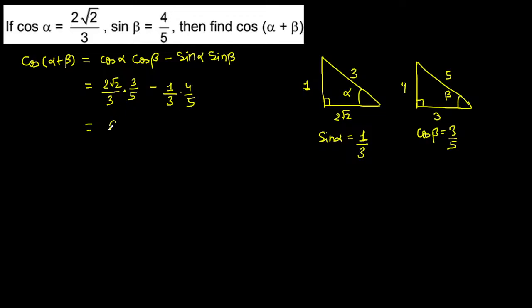If you see, it is nothing but (6 root 2 minus 4) by 15. This is all. We got it. Yes. Can we move ahead? Yes, sir. We can move ahead.